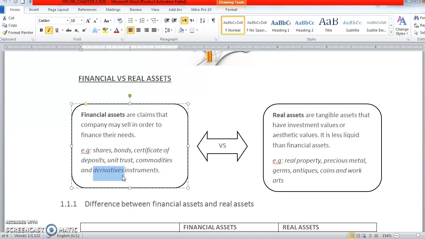Ataupun gold, emas. Kita ada gold futures, kontrak gold futures. Kalau metal commodities macam aluminium tadi pun sama, kita juga ada aluminium or tin punya contract for futures dan options. So ini kita panggil derivative.